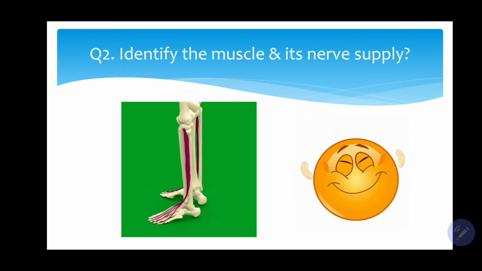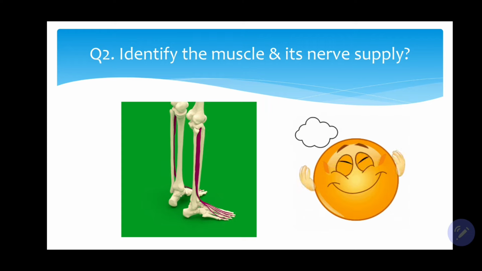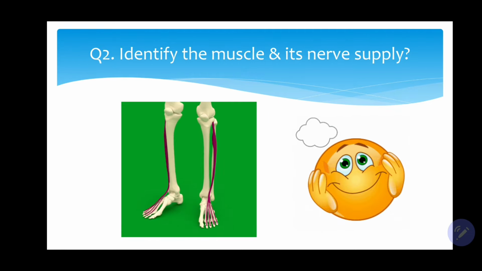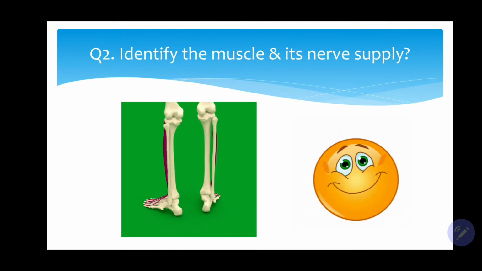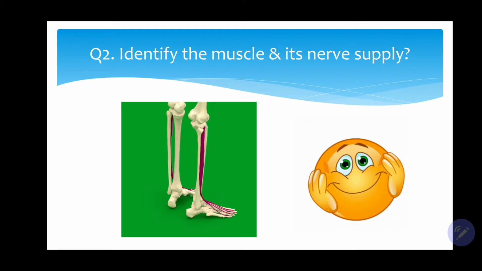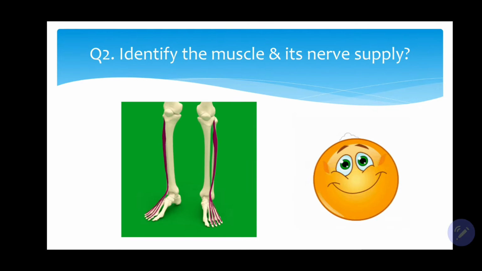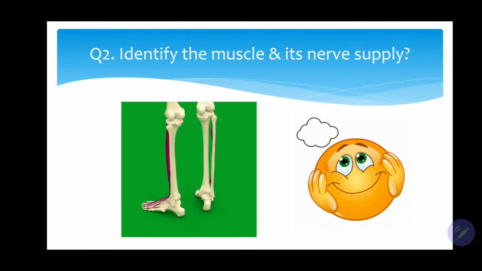It splits into its 4 tendons for the 4 digits, and all of them pass down crossing the intermetatarsal joints, then metatarsophalangeal joints, interphalangeal joints, and ultimately they insert onto the base of the dorsal aspect of the terminal phalanges of the 4 toes.